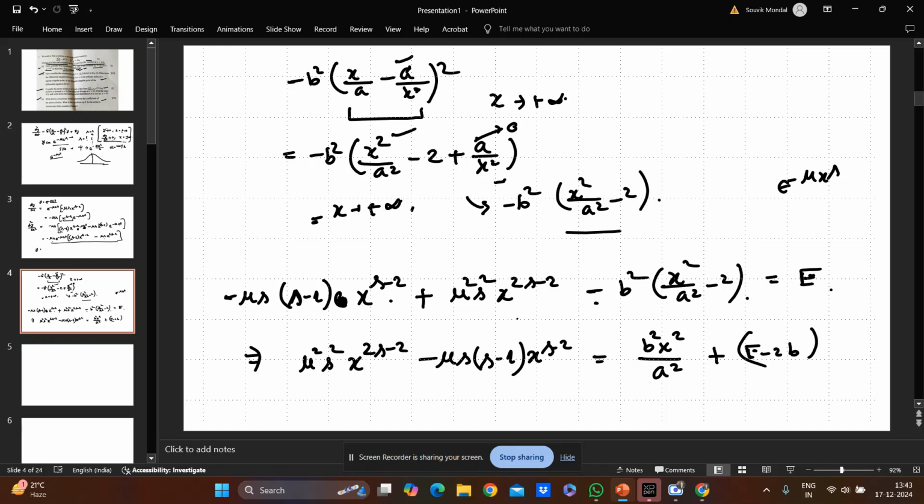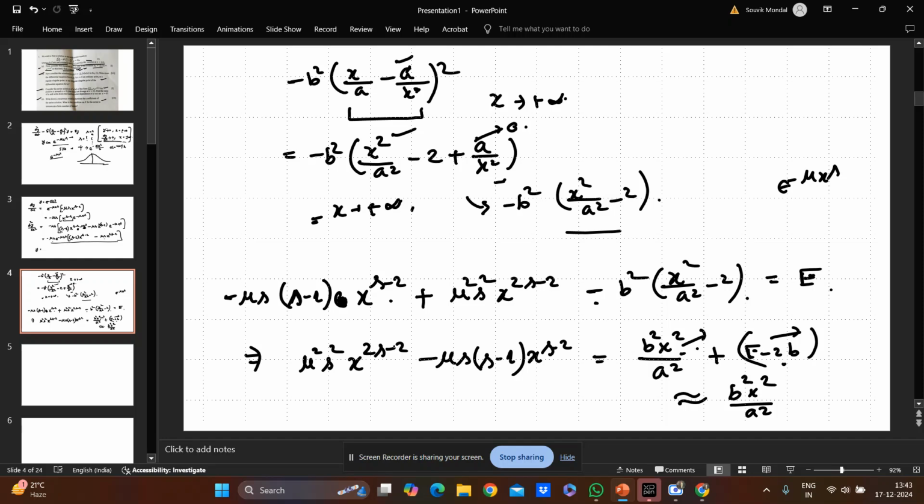Now think of x tends to plus infinity. Now at x tends to infinity, this term will surely blow up, and this is a huge contribution. And this term is a constant, with negligible contribution compared to this. So neglect this term at the x tends to plus infinity limit.